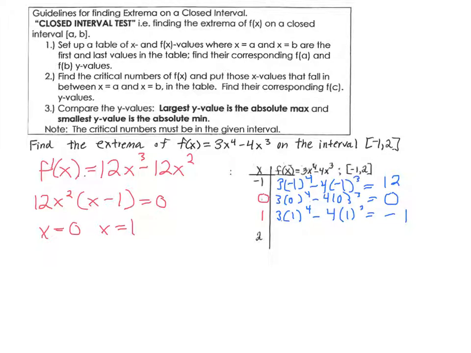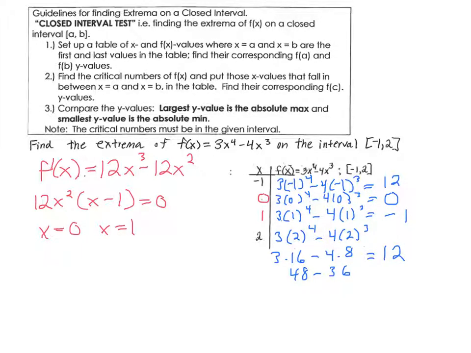And then if I plugged in a 2, 3 times 2 to the 4th minus 4 times 2 cubed. Oh, this is hard math. 3 times 16 minus 4 times 8, which would be 48 minus, what is that, 32, which equals 16.